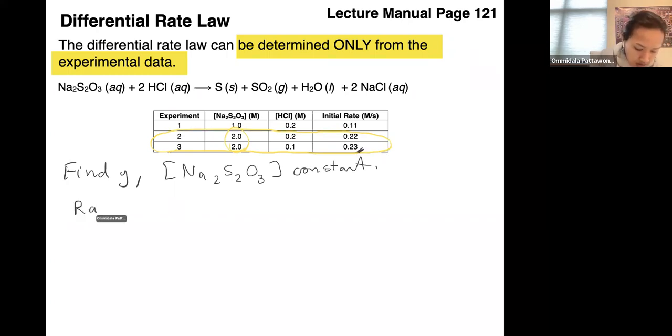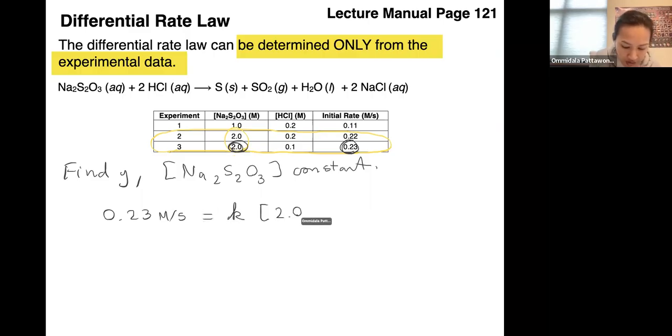I'm going to set up the same thing. Rate 3 over rate 2: you get 0.23 molar per second from rate 3, equal to the rate constant times the concentration of sodium thiosulfate, which is 2.0 molar.